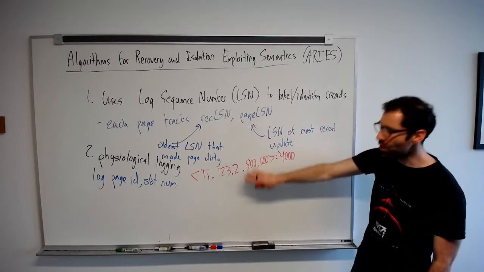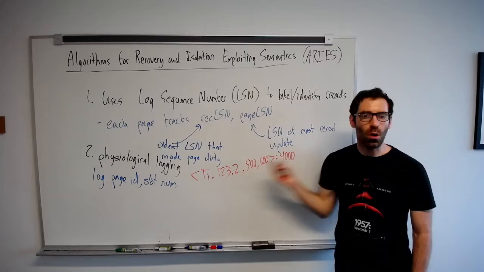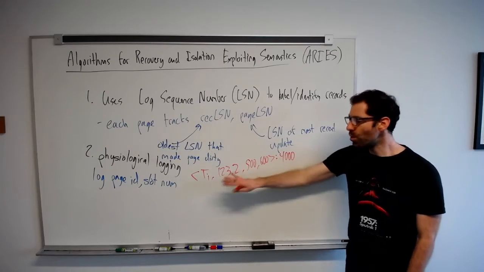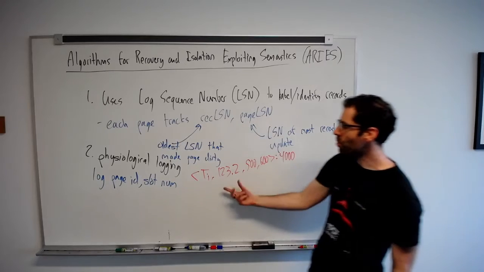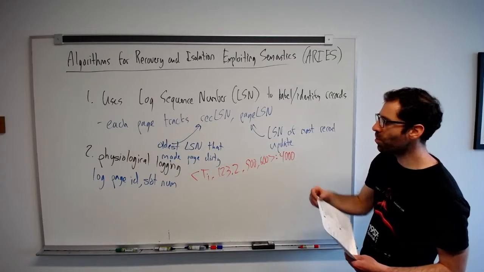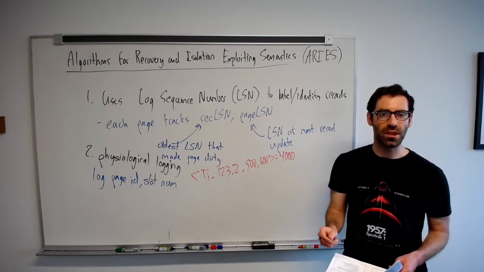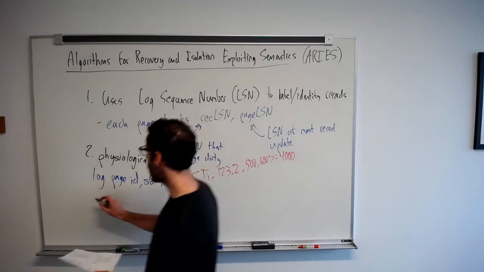Well, a modification from a more recent log record was written out as part of this page, and so this one must also be reflected in that page, and we wouldn't need to, say, redo it. And so logging these page IDs is going to be part of what allows us to make these sort of optimizations. So 2 other quick points.